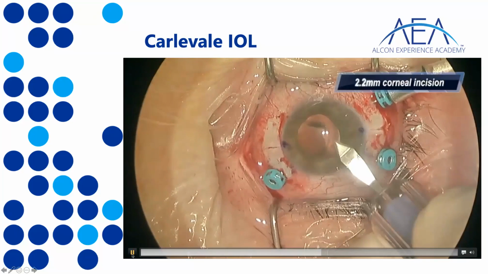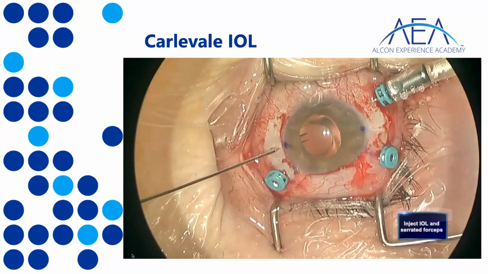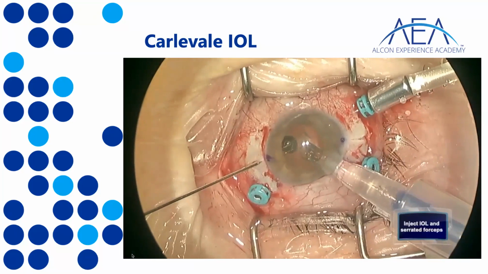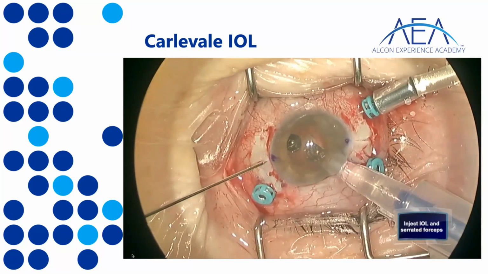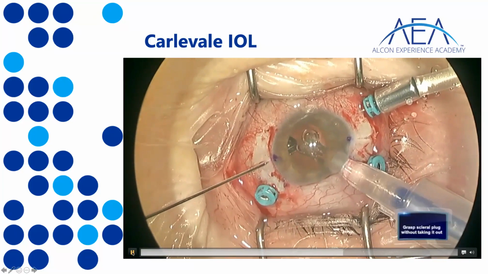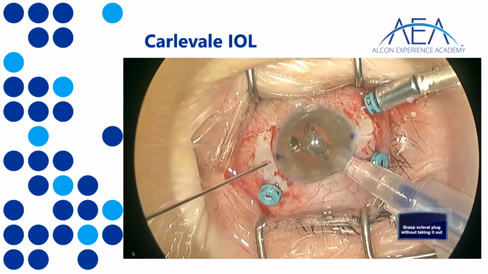So 2.2 or 2.5 blade, you start injecting the IOL very slowly, because what you need to do is you need to be able to grasp the T. Let's see if we are able to see it here. There you go.